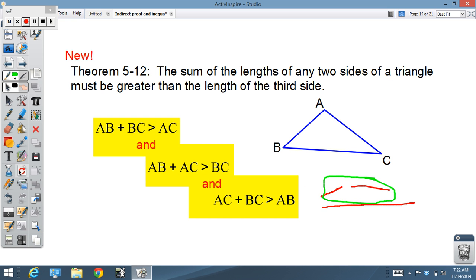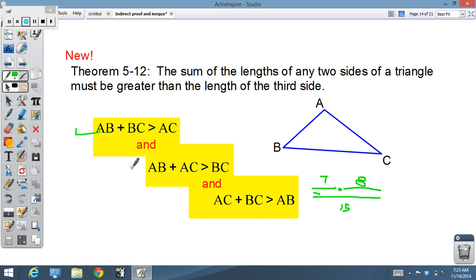Because two equal sides, if I had a side length that was 7 and one that was 8 and a third side that was 15, okay? Do you see how those sides would perfectly add up on top of each other, but I would not be able to make an angle so that the vertex would be up and off of the triangle, all right? So any two sides must be greater than the length of the third side.